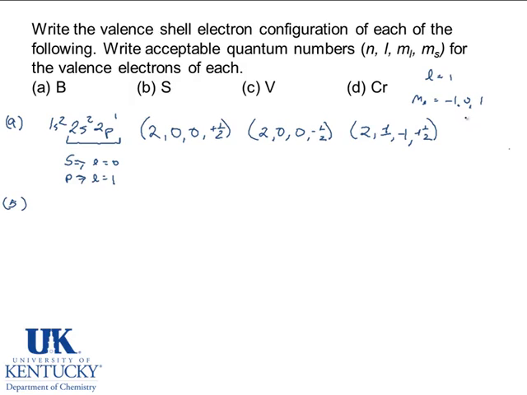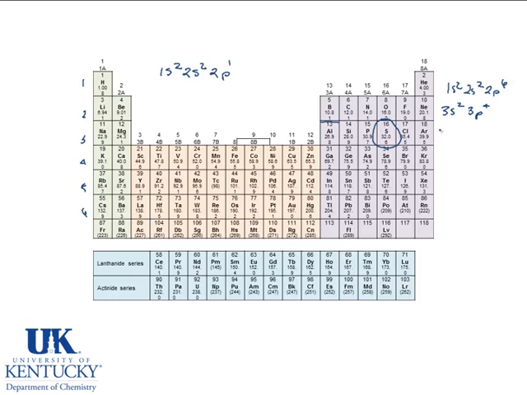So let's write that out: 1s2, 2s2, 2p6, 3s2, 3p4. Now, a quicker way to do that is to look at that periodic table and find the noble gas that comes prior to the sulfur. That would be neon.